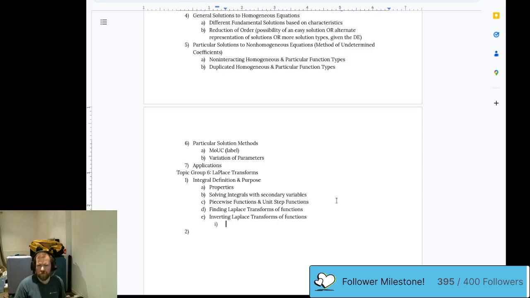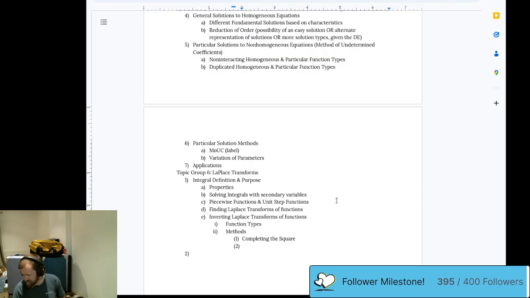Inverting Laplace transforms then is also going to include like all sorts of function types. It's going to be ridiculous. And then methods which include completing the square for a lot of these.